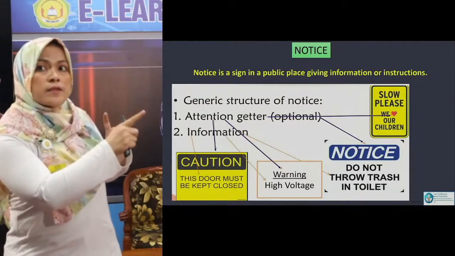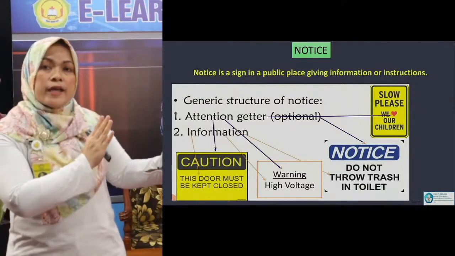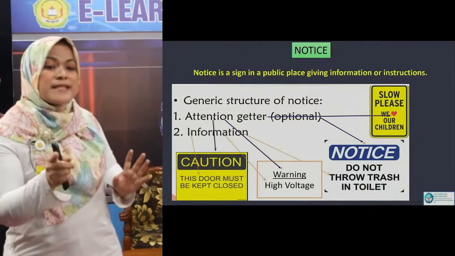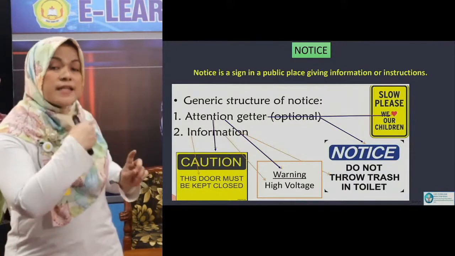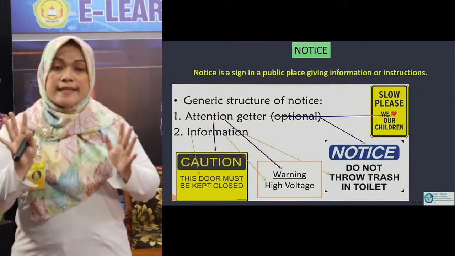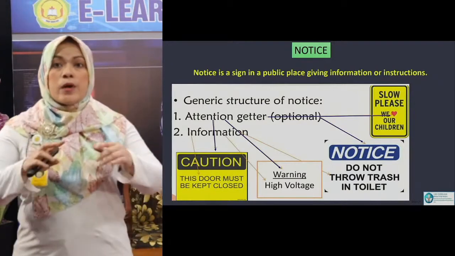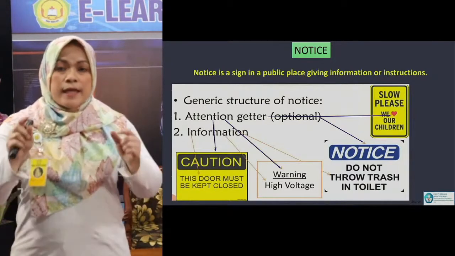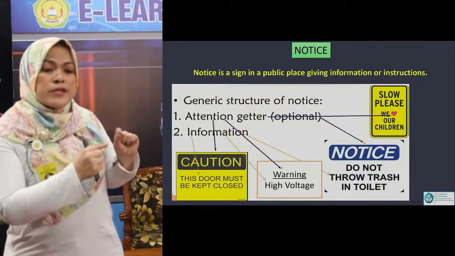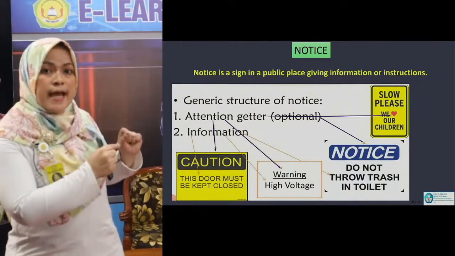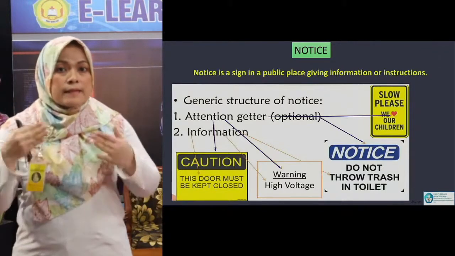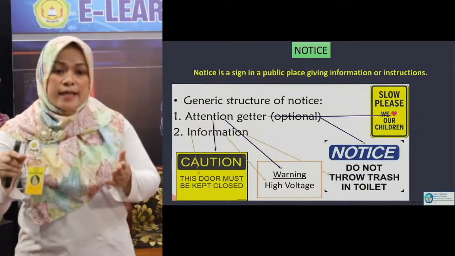And in the yellow box at the left side, you can find the symbol of love. It can be said as an attention getter. And the second one is the information itself. So when you learn about notice, you need to see the information. The information in a notice is kind of telling you to do something or telling you not to do something.